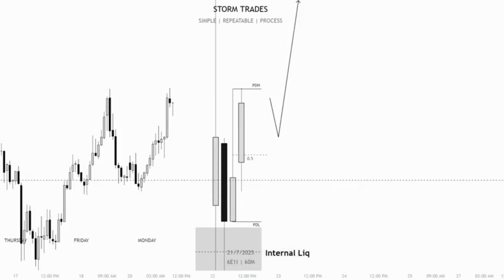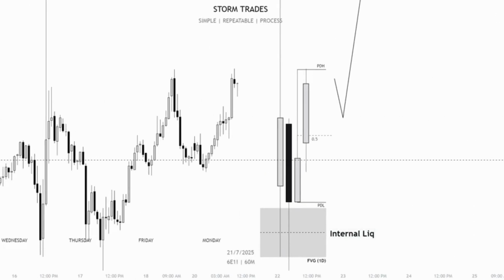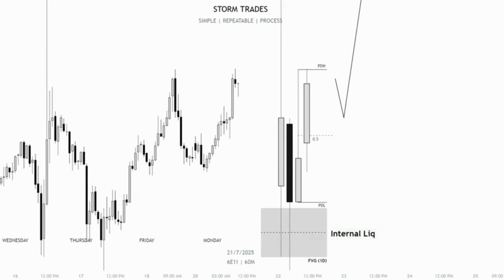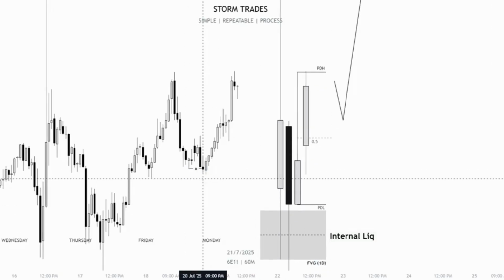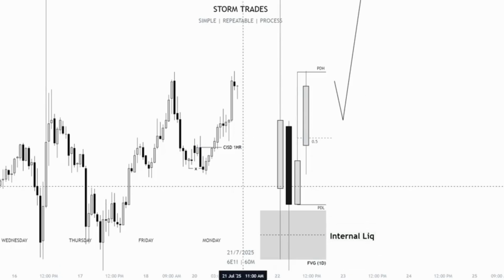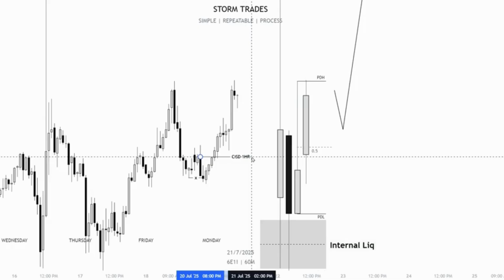However, if you look closely, on the hourly we're always trying to find the most recent change in the state of delivery, which gives a hat tip as to what side the market wants to shoot for. Right here on the hourly, I want to make note that we had a sweep early Monday morning, or excuse me, Sunday night. We had a sweep and then a close through this series of down close candles, creating a change in state of delivery.